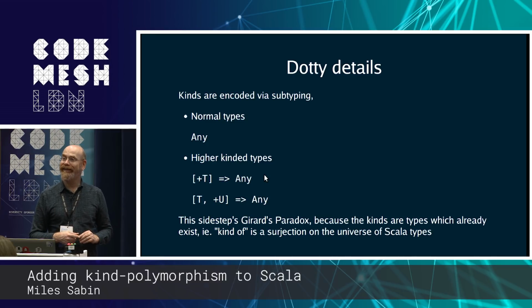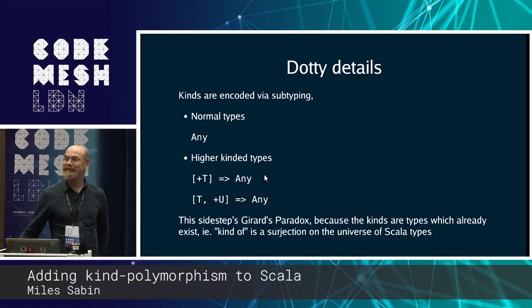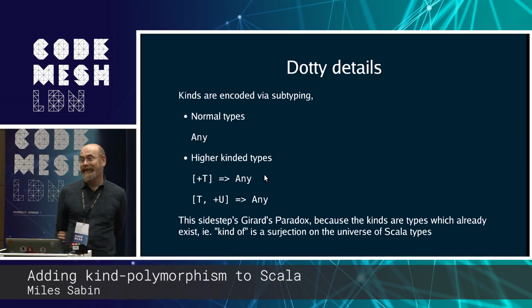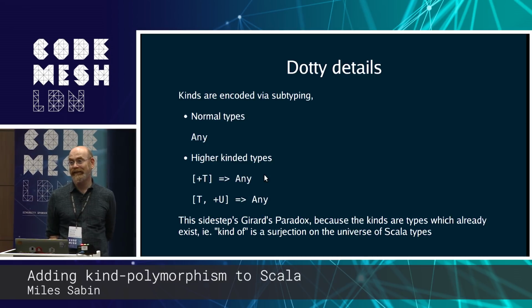Isn't that just sidestepping the problem? I may have misunderstood, but isn't that just sidestepping the problem because you just happen to have Any in the set you're projecting onto? Not really, because we have Any anyway. Right, but much in the same way that Haskell has bottom in Hask.